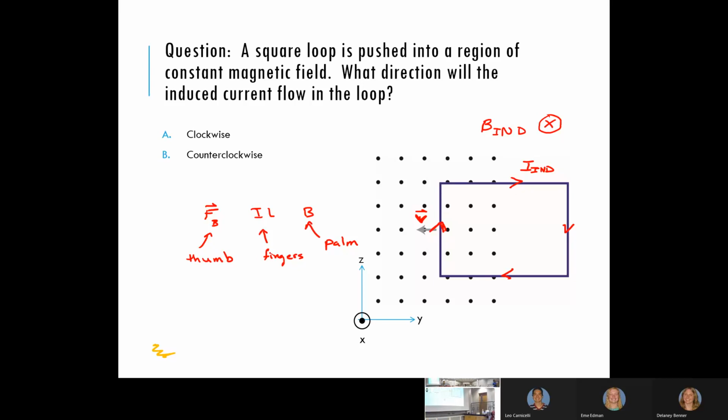So on just this right piece, the force of the external magnetic field is 0. And you probably want to say because B external is equal to 0. There is no magnetic field at this right location. Okay, so we don't need to worry about this piece at all.